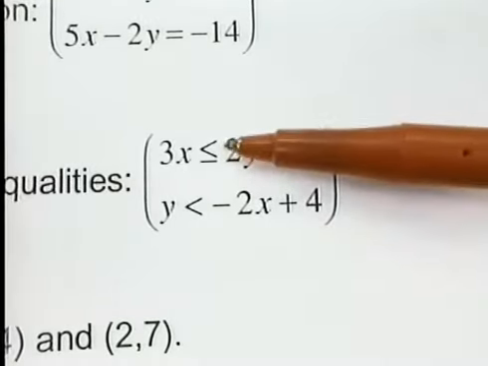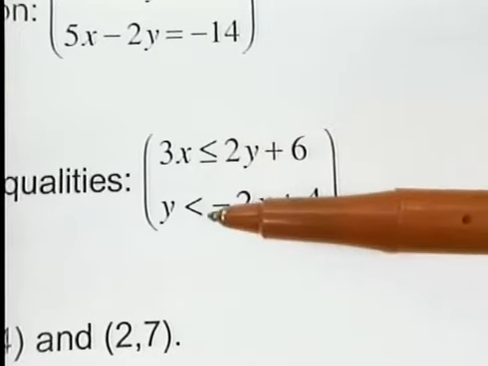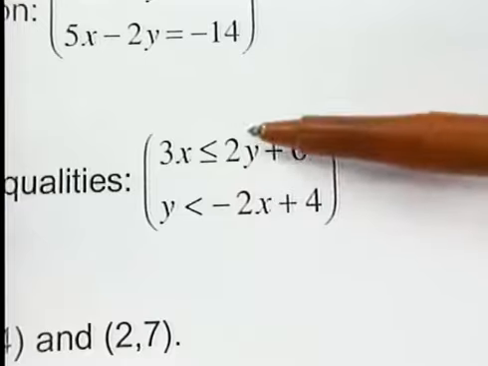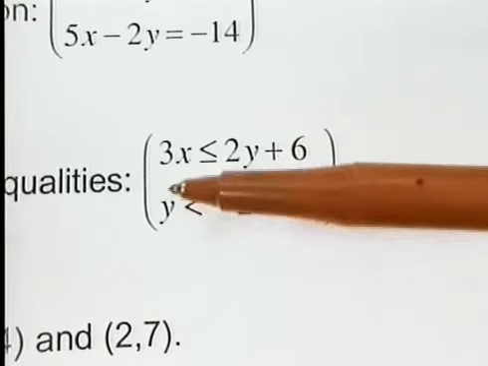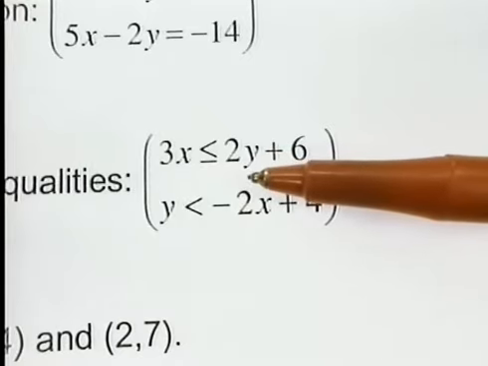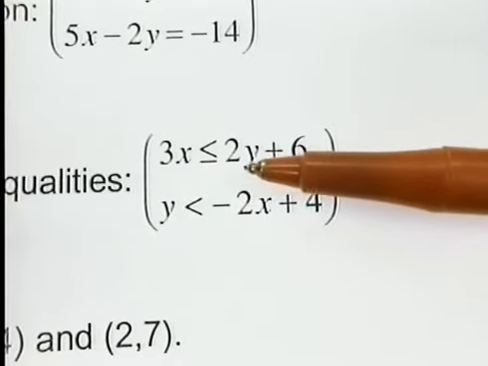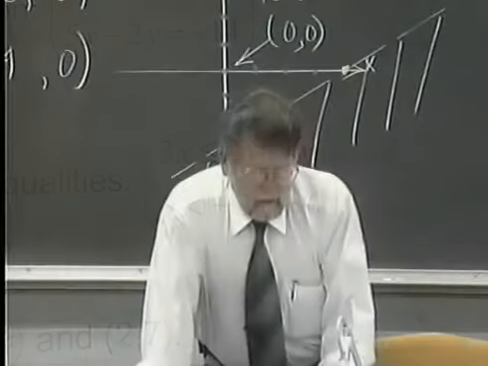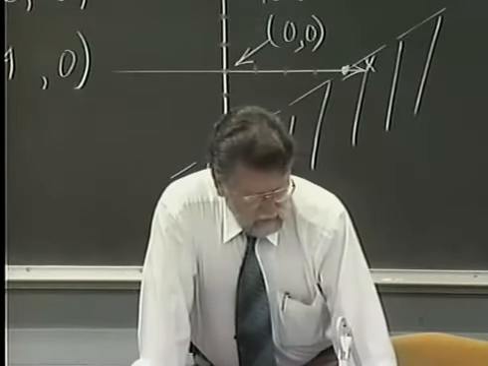So these signs right here, the less than or equal tells me solid line, the less than tells me a dashed line. I tried to set this up nicely for you so that your intercepts were easy. If x is 0, y is 3. If y is 0, x is 2 in that first one.